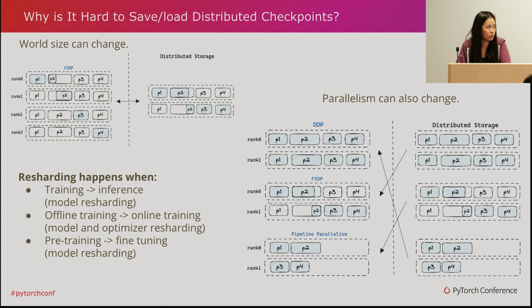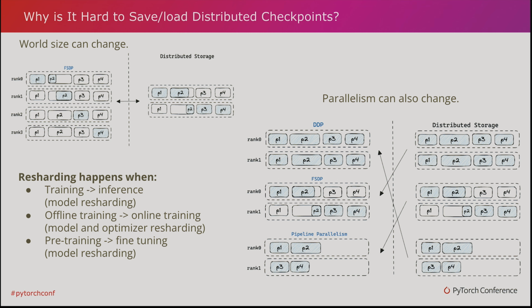Say you do 2D training at a large world size, and later you might only want to do inference with tensor parallel only at a smaller world size; you would need resharding. Also from offline training to online training, which requires resharding both the model and the optimizer states. And also from pre-training to fine-tuning, you need to reshard the model as well.